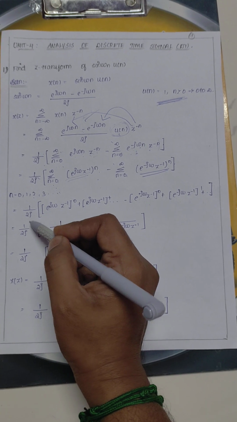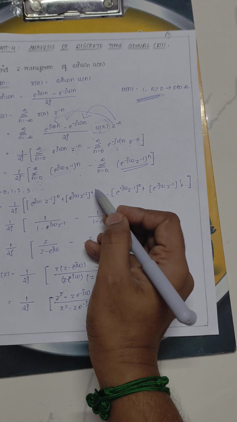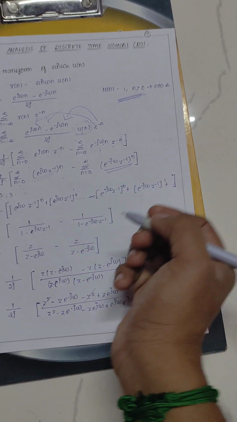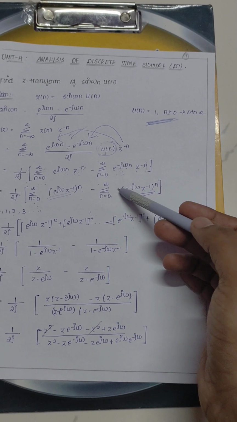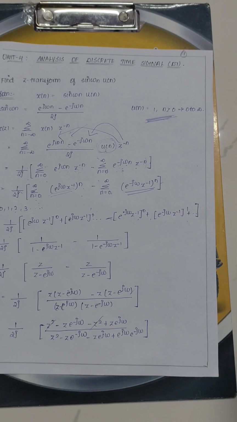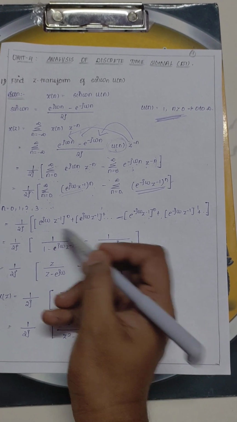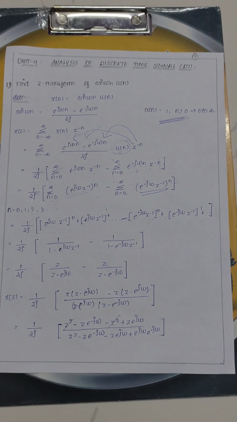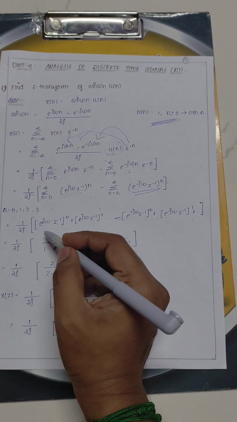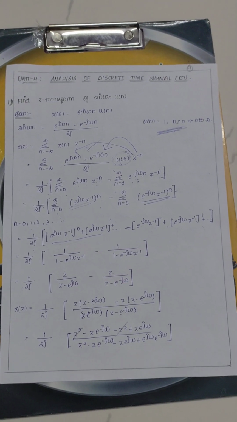Now 1 by 2j, first n equal to 0, plus n equal to 1, and so on, minus this value again with n equal to 0, n equal to 1 and so on. Therefore we have a series formula, like the binomial series 1 plus x to the power of minus n formula. Now this term becomes 1 divided by 1 minus e power j omega z inverse.